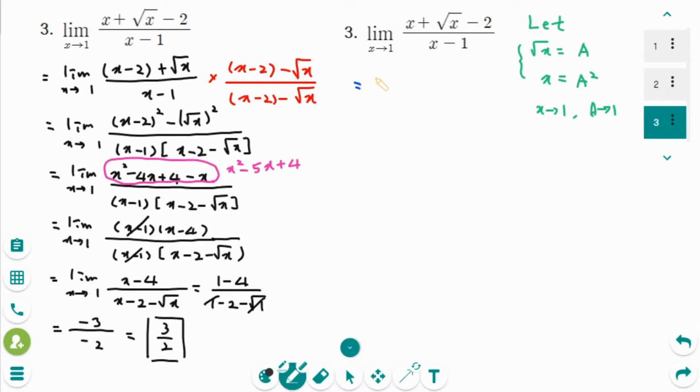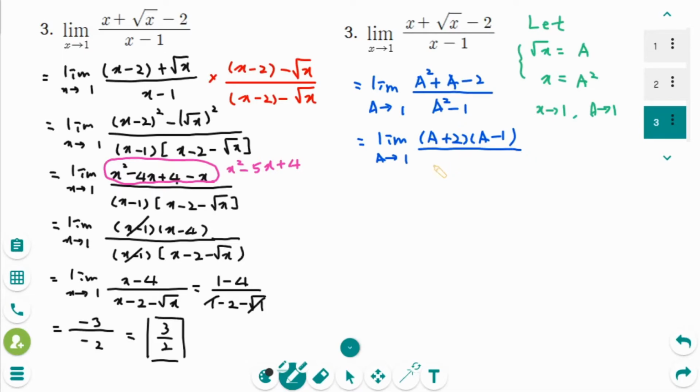Then rewrite the limit. So the limit as a approaches 1, so x means a squared, so (a squared plus a minus 2) over (a squared minus 1), and you can factor the numerator, (a plus 2)(a minus 1) over the denominator (a plus 1)(a minus 1), and we can cancel the common factor.